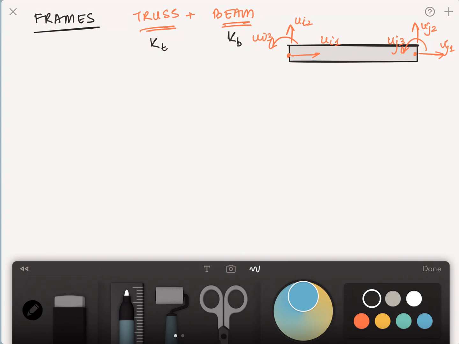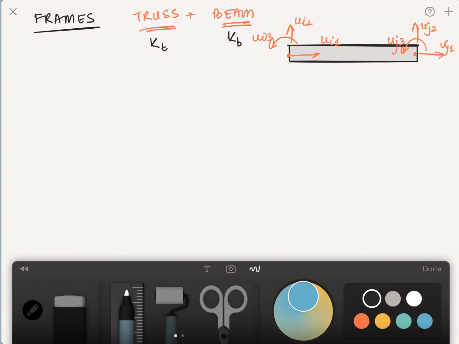Now we know that for a truss element which is lying in a 1D plane, we already derived the stiffness matrix, but we can do the same for a truss element that is lying in a 2D plane. Now when we considered the truss element in a 2D plane, then we knew that there are 2 degrees of freedom that are acting at each node, which were UI1 and UI2.